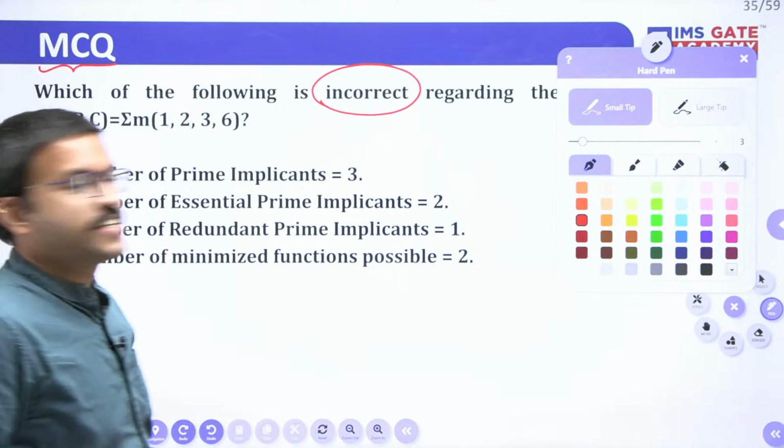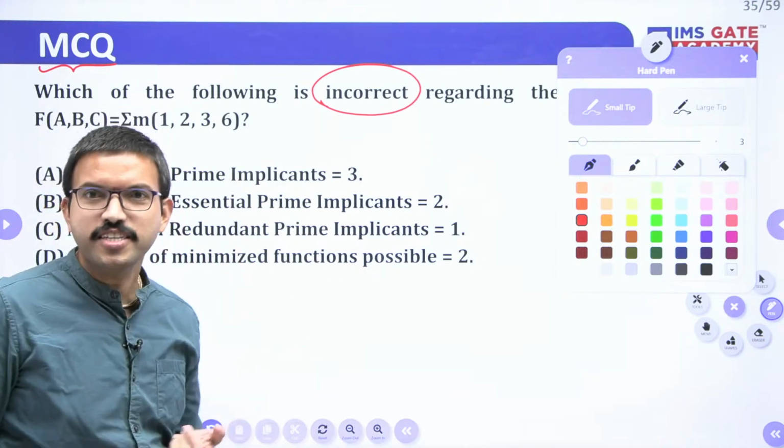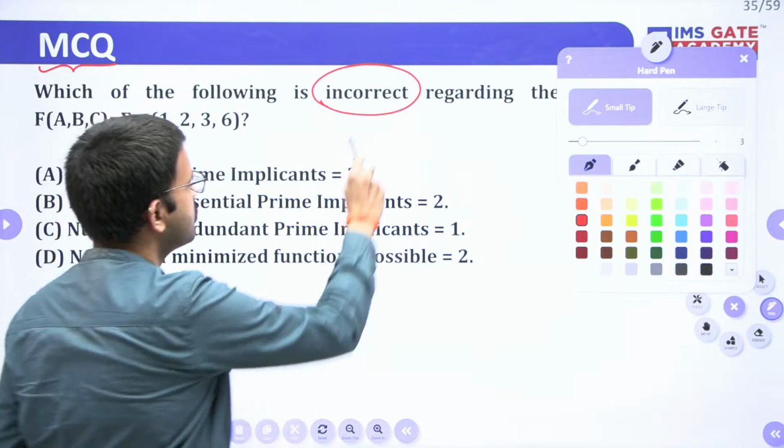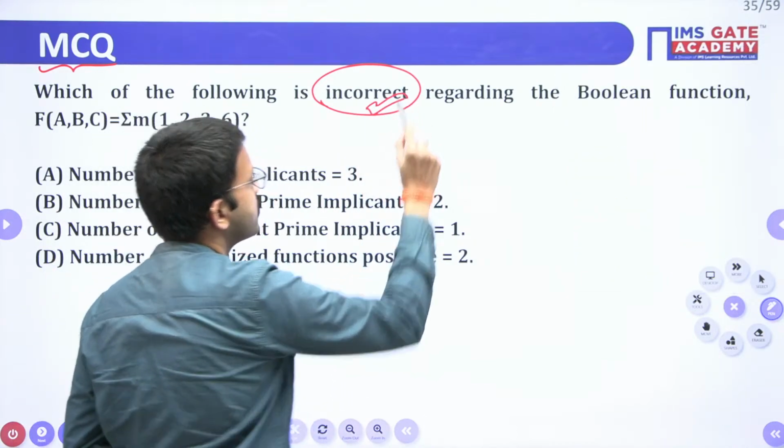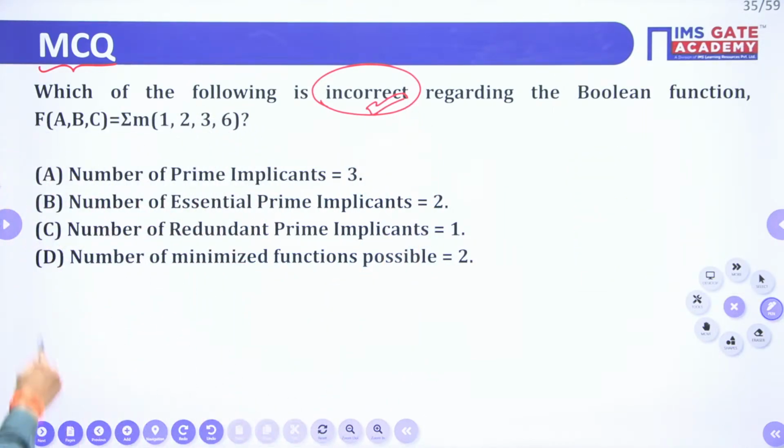Yeah, Kundan. A, B, C are the correct statements. Yes, very good. But here the question is incorrect statement. That means option D will be the correct one. Okay. So based on the context, you have to answer.